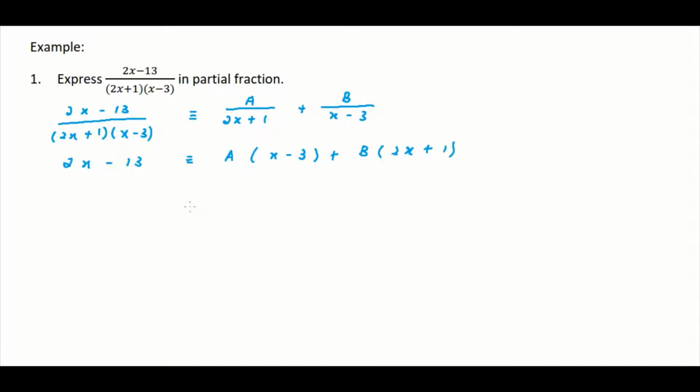When you look at this, maybe your first idea is that I can come up with two simultaneous equations, one for the terms in x and the other one for the constants. You can do that, meaning that 2 will be equal to A plus 2B. Then negative 13 will be equal to negative 3A plus B. So you have two equations, then you try to solve them simultaneously.